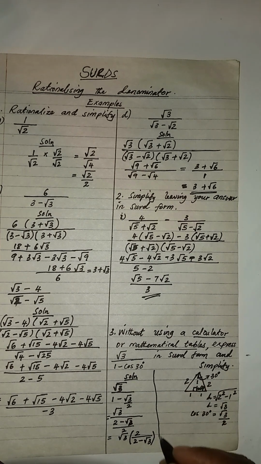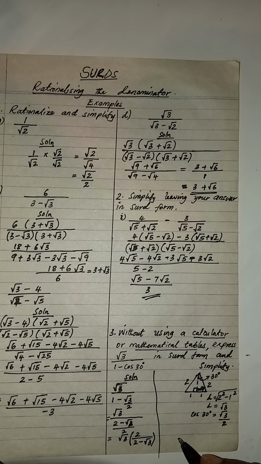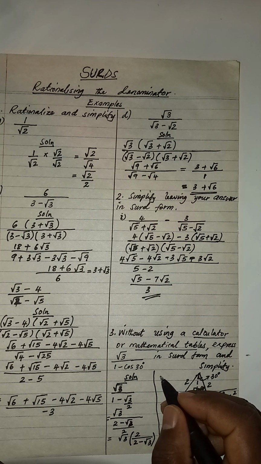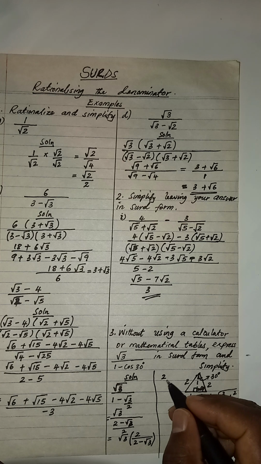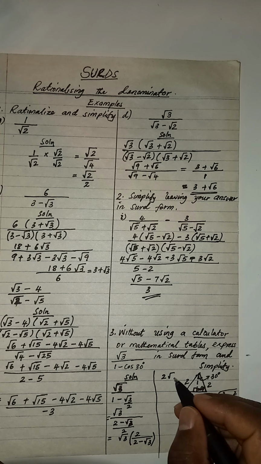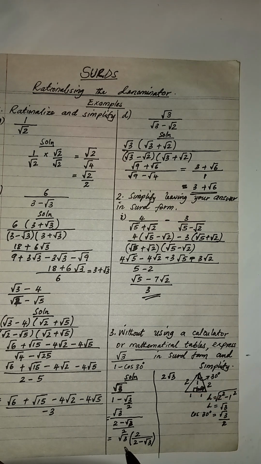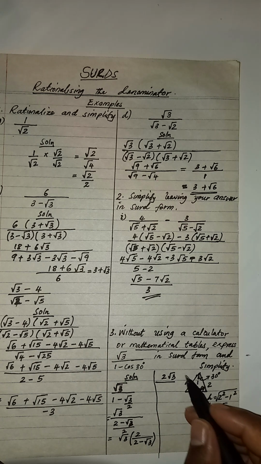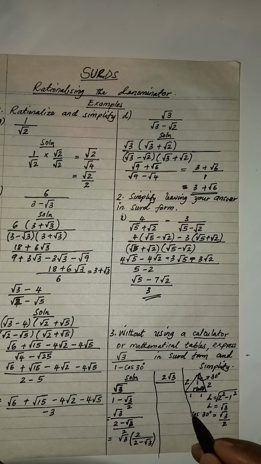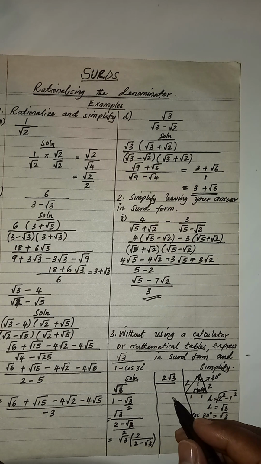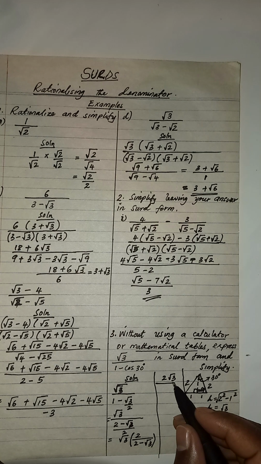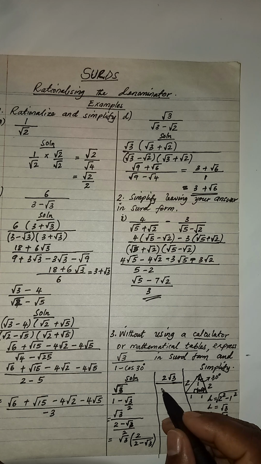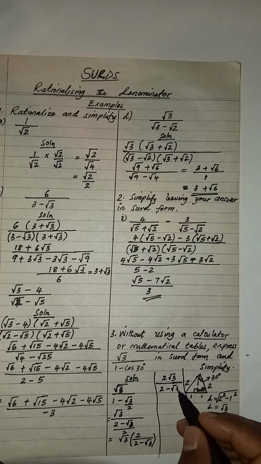So this will give us 2 root 3. We are opening the brackets. Root 3 times 2, it is 2 root 3 over 2 minus root 3.